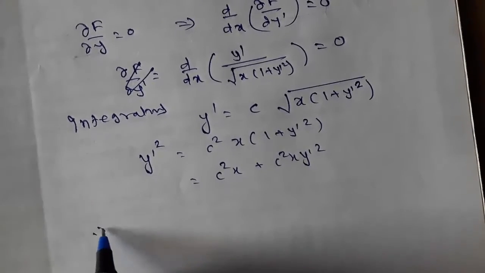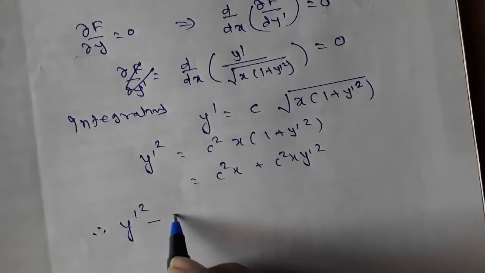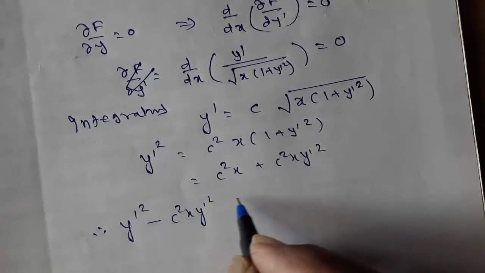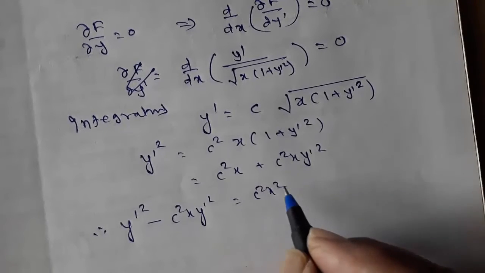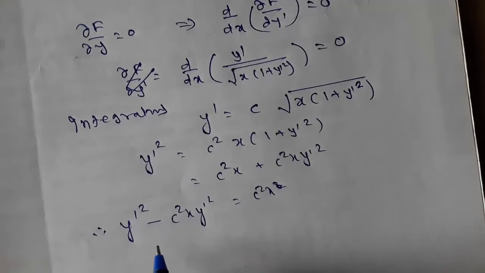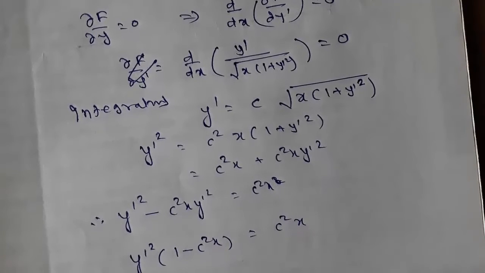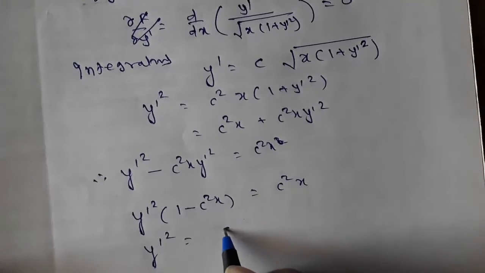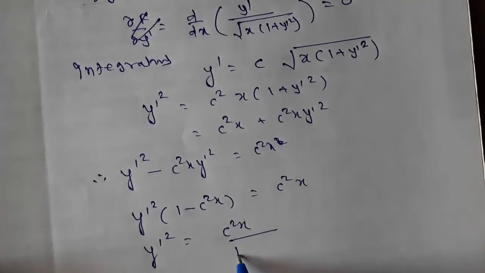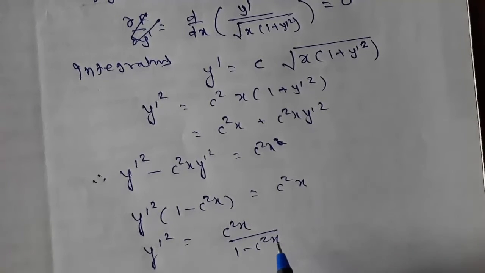Therefore y dash square minus c square x y dash square equal to c square x, and hence y dash square into 1 minus c square x equal to c square x. Hence y dash square equal to c square x divided by 1 minus c square x.